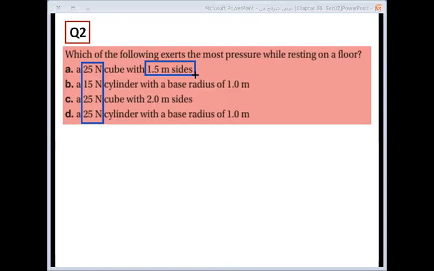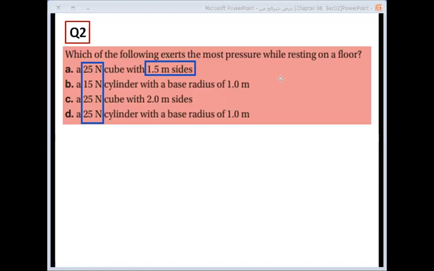Okay. Well, here in the first case, the cube, when it is resting on a floor, it presses the floor on which area? What is the area of the effect of its weight? What is the area, Karam?